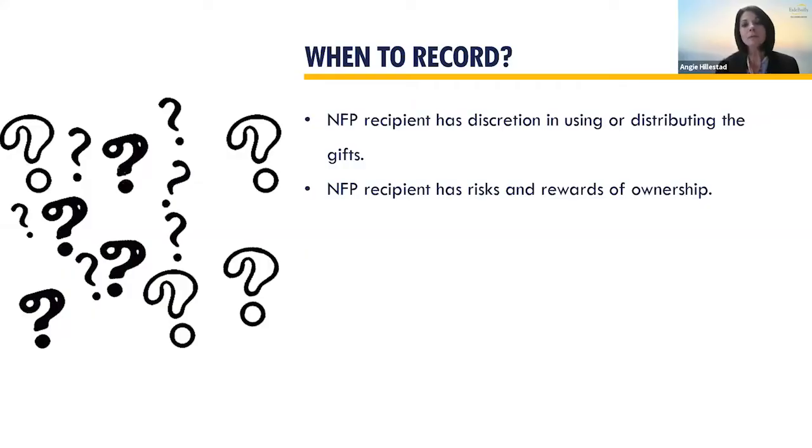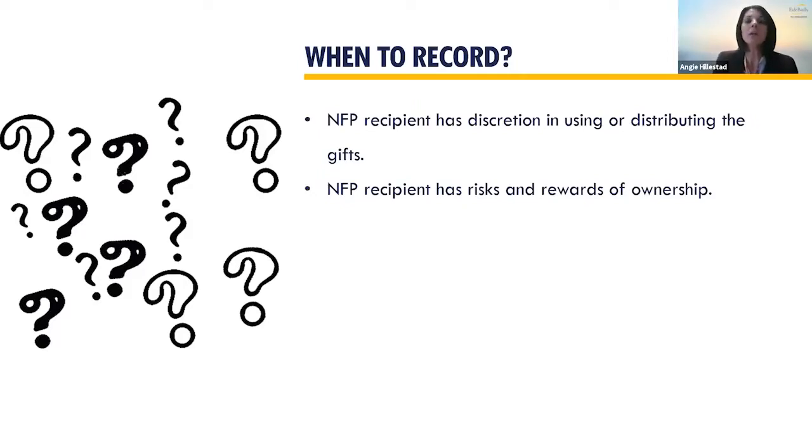A not-for-profit recipient should record contributed non-financial assets when they have discretion in using or distributing those gifts in kind. Discretion in this context is really analogous to variance power. So at the point in time that the not-for-profit controls the use of the donated good or service, they have a contributed non-financial asset.